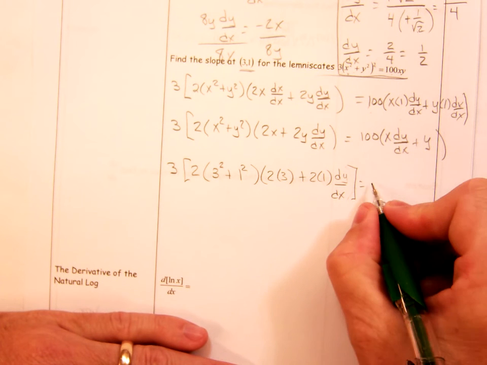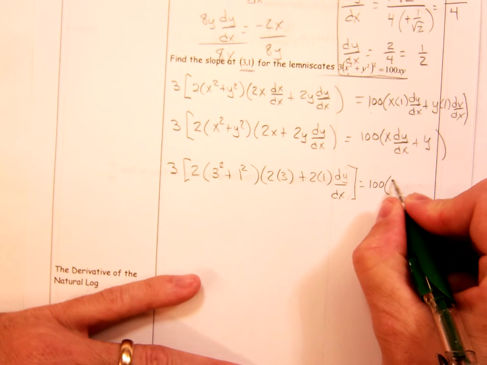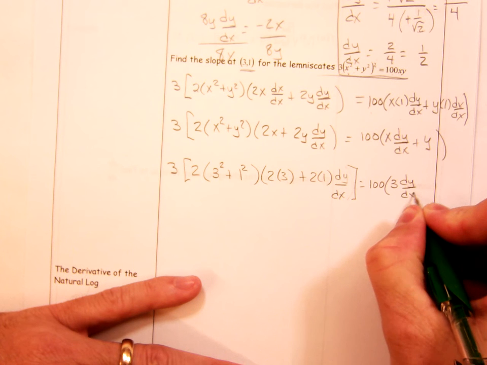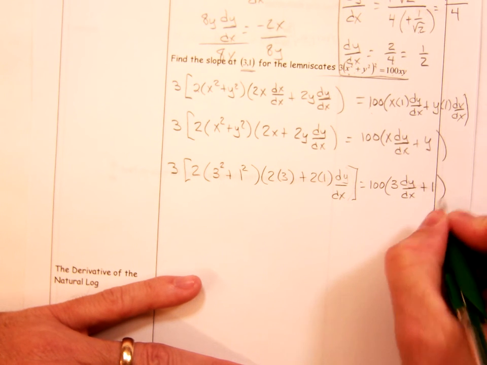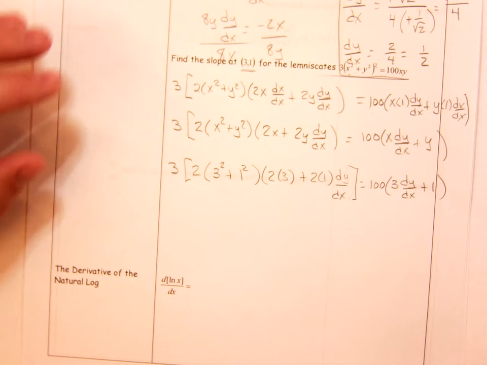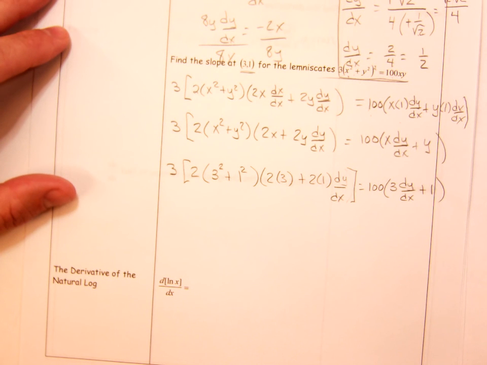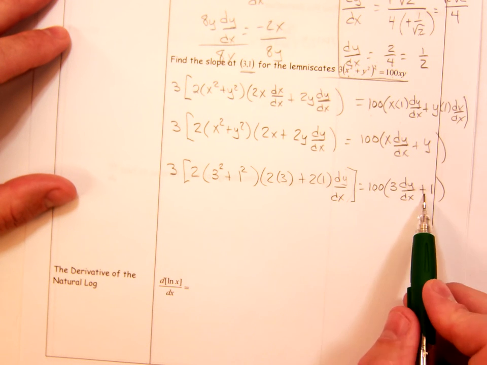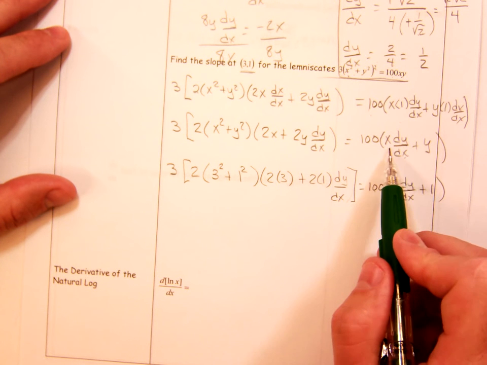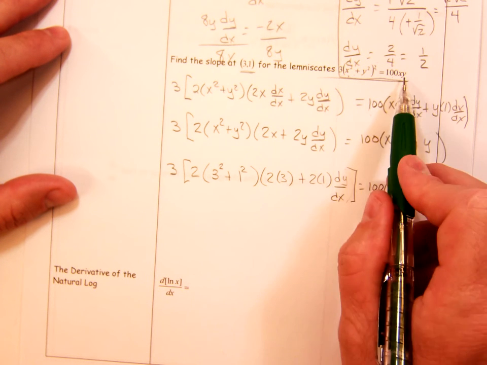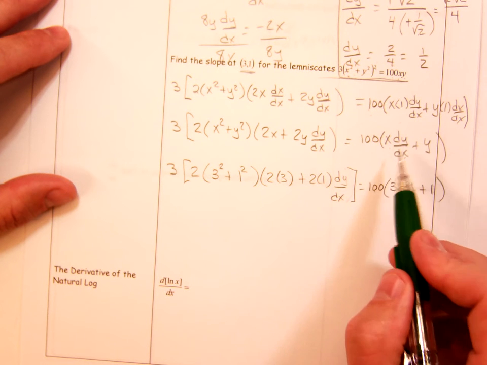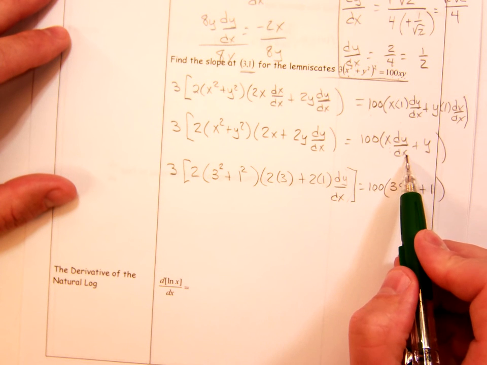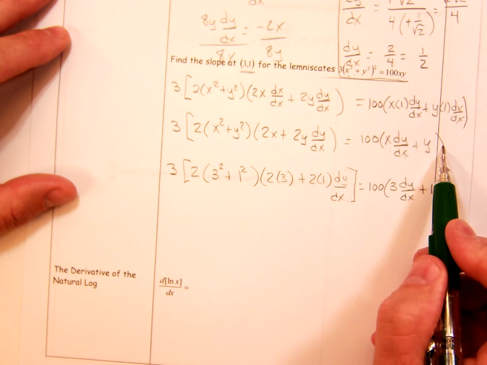And then this is 100 times 3 dy/dx plus 1. Wait, why is the x in terms of dy/dx, not dx/dx? Where's that? On the right side, 100. Right here? Yeah, go up one step. It says x dy/dx. Because that's the product rule. So that's the derivative. It's x times the derivative of y, and the derivative of y is dy/dx, plus y times the derivative of x.